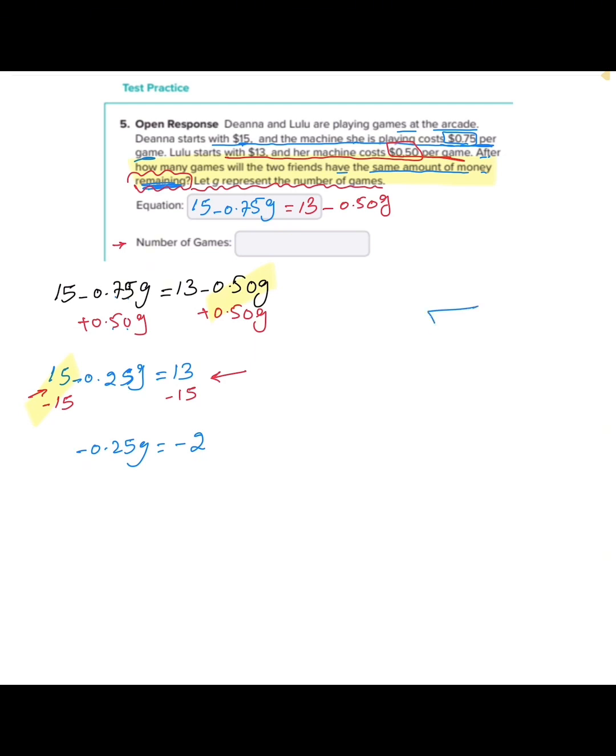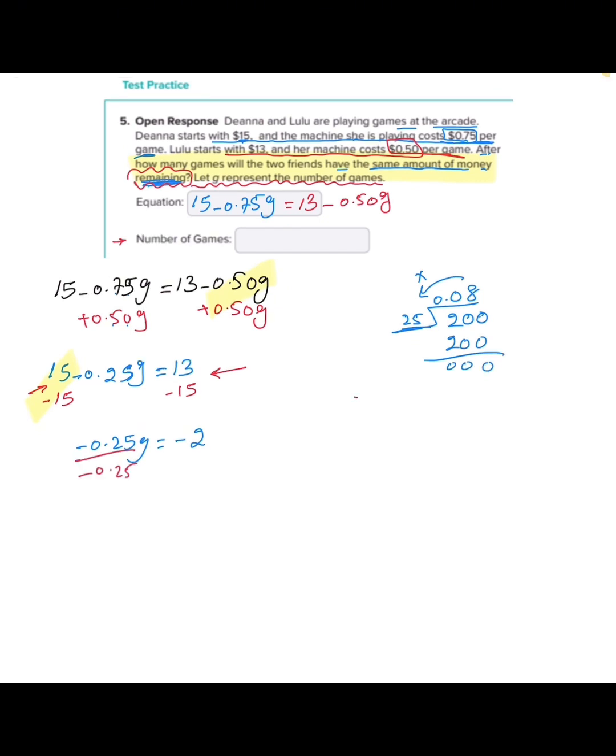Let's do 2 divided by 25. 2 divided by 25, we can't, so we put 0 point and add 0. 20 divided by 25, we can't, so we add more 0. 200 divided by 25: 8 times 25 is 200.